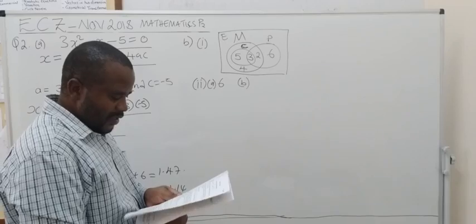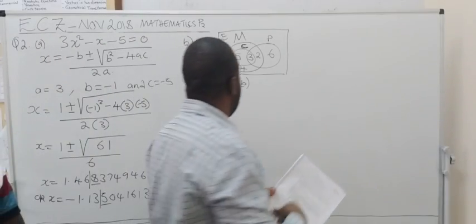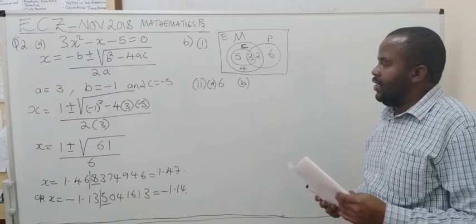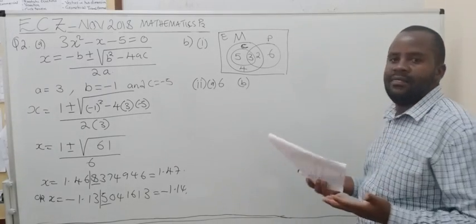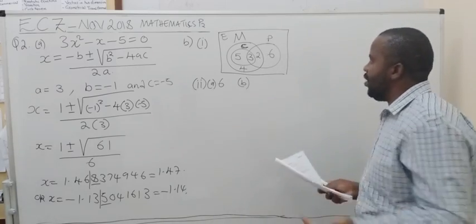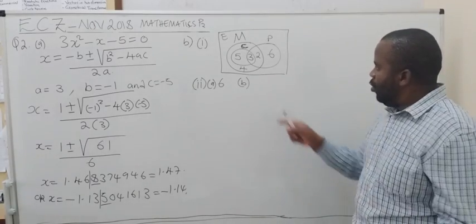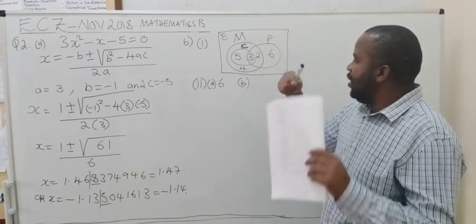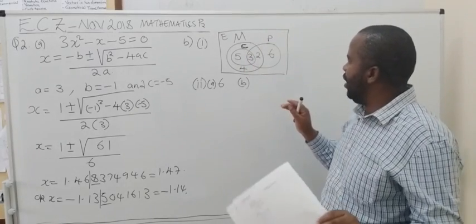How many students study 2 subjects only? That is mathematics and physics only, maybe chemistry and physics only, or chemistry and mathematics only. When you look at 5, 5 represents the number of students that study chemistry and mathematics only.